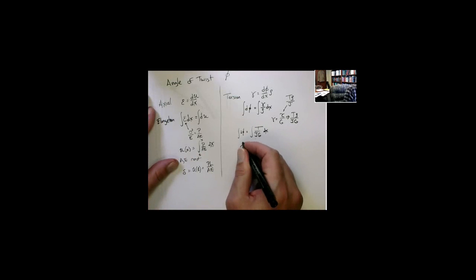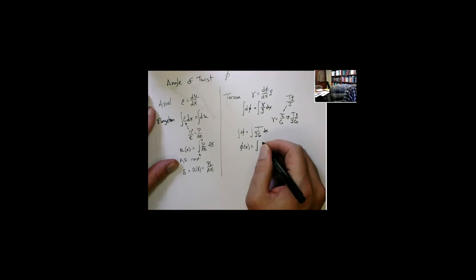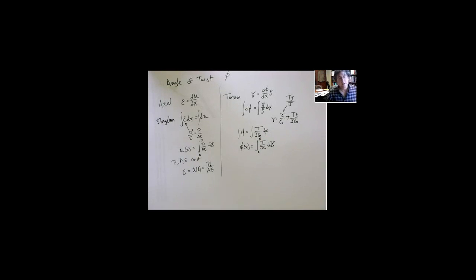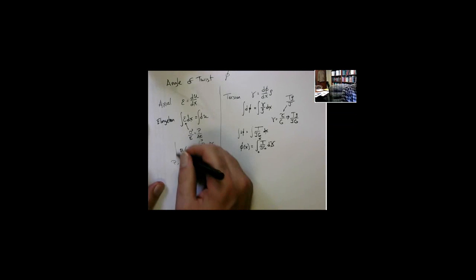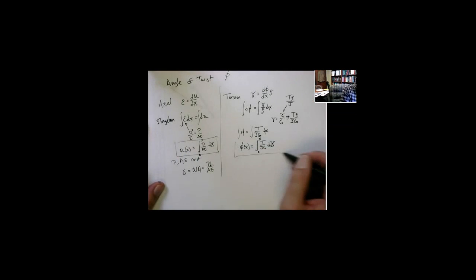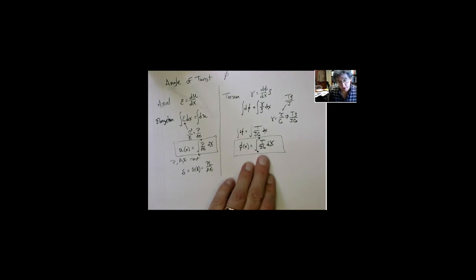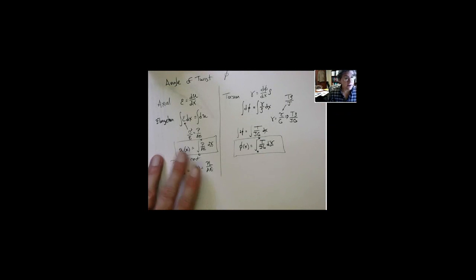So it's the integral of T over J G dx. The equations are analogous, right? Again, this is the general equation that tells you how much a disk at some distance x from one end rotates. You have to perform this integral, just like we have to perform the integral to figure out the displacement along the axial direction in the axial case.